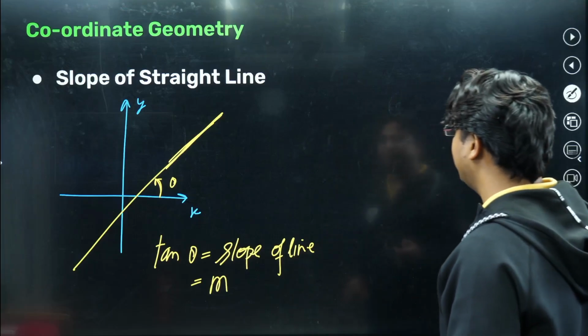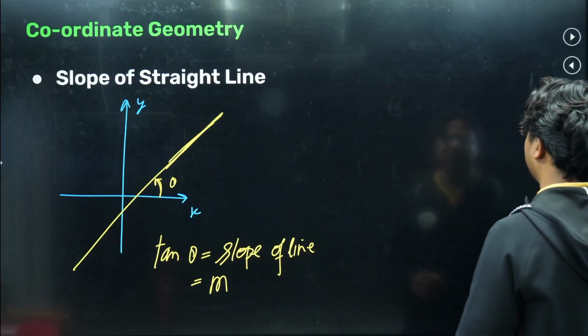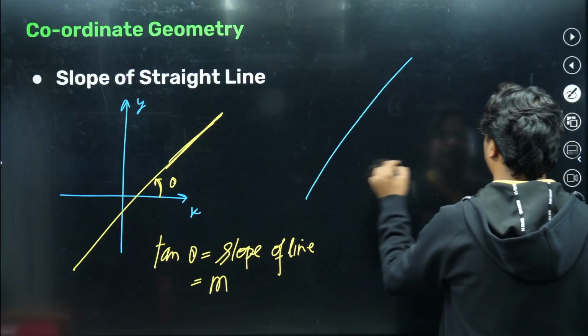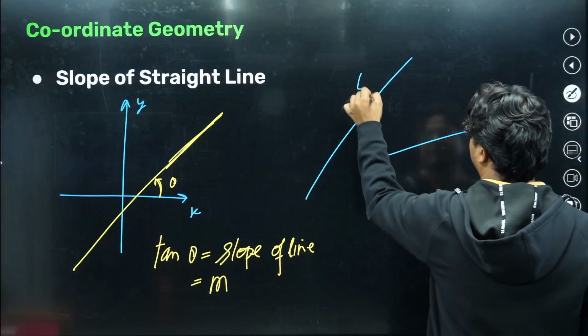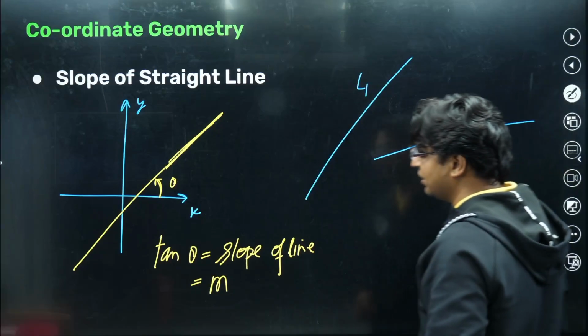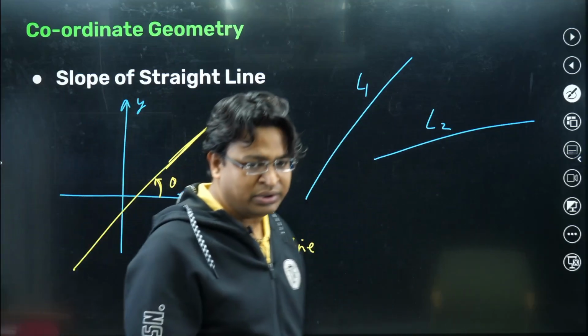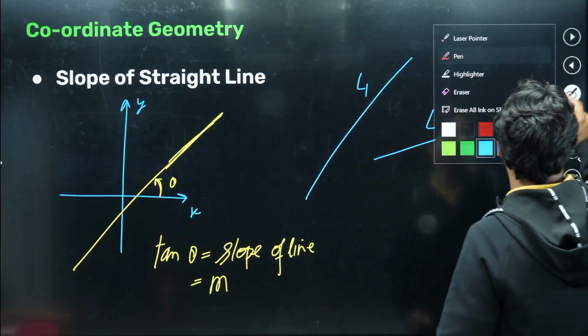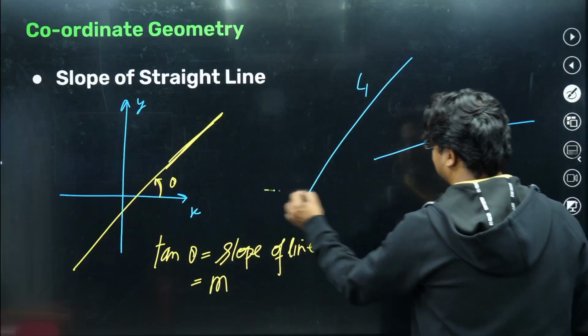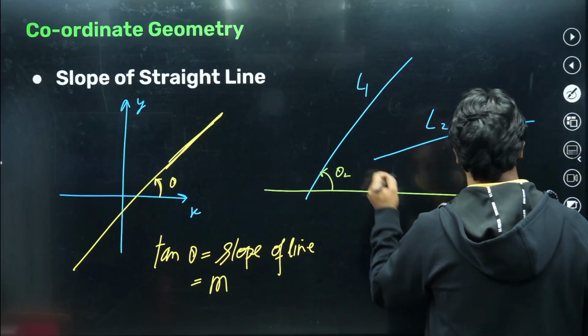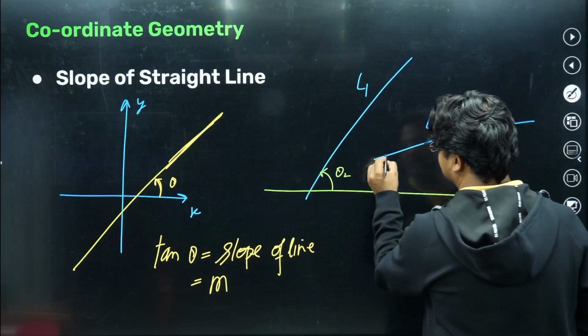You should have some fair idea about this. Now if we want to compare the slope of two straight lines, let's say even if I don't draw the coordinate system, this is line 1 and this is line 2. Can you tell me which one of these has a higher slope? You can imagine that if there would be an x-axis, they will cut the x-axis and create angles, and they need not cut the x-axis at the same point.